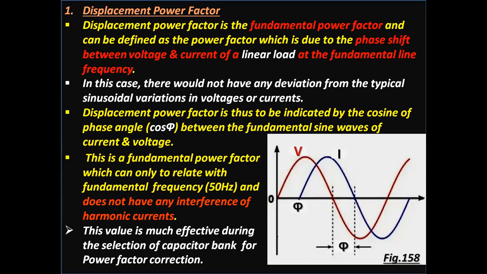Displacement power factor is thus indicated by the cosine of the phase angle between the fundamental sine waves of current and voltage. This is a fundamental power factor which relates only to the fundamental frequency, that is 50 Hz, and does not have any interference of harmonic currents.